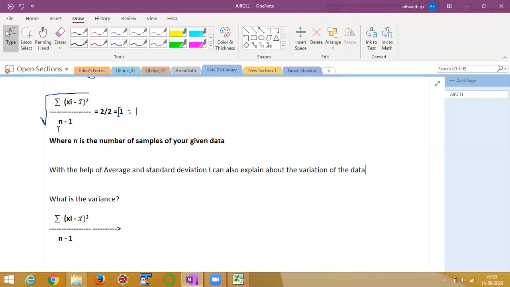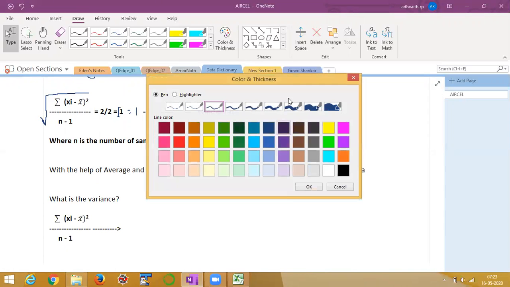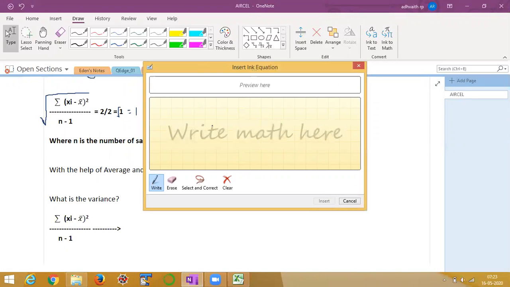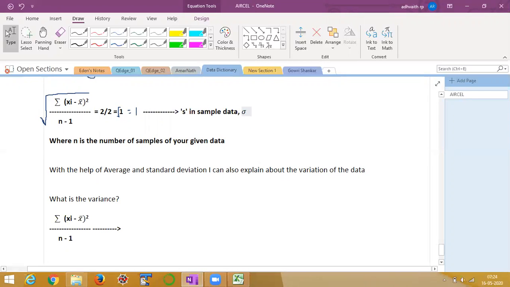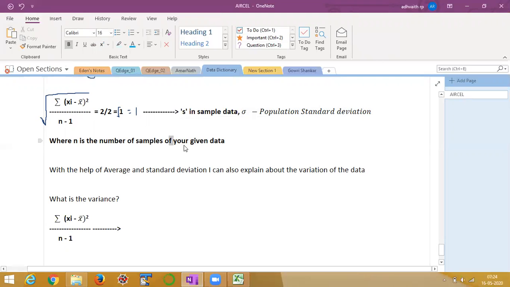Notation-wise, standard deviation in sample data is called S. That means S is the terminology that we use for standard deviation in sample data, whereas for population standard deviation we use this symbol, sigma.